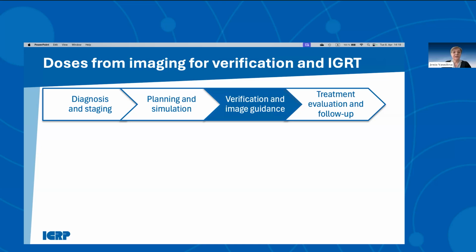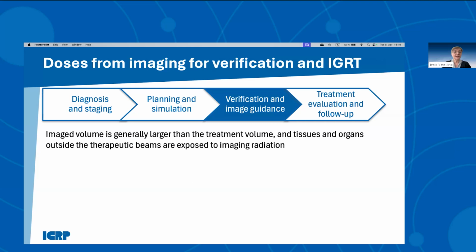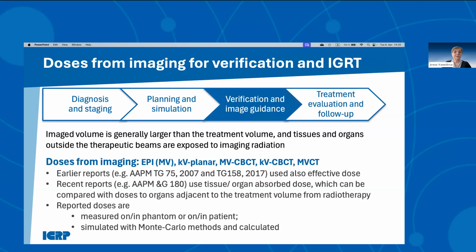And let's focus on the use of imaging for verification and image guidance, in which the image volume is generally larger than the treatment volume, and tissues and organs outside the therapeutic beam are exposed to imaging radiation.